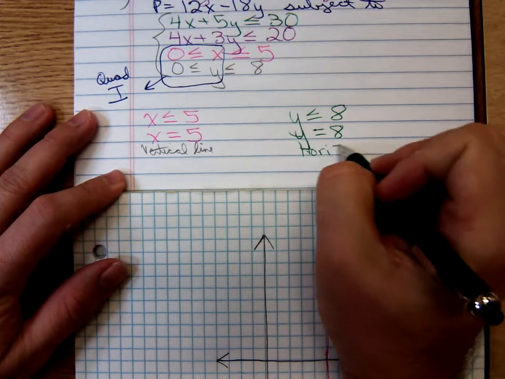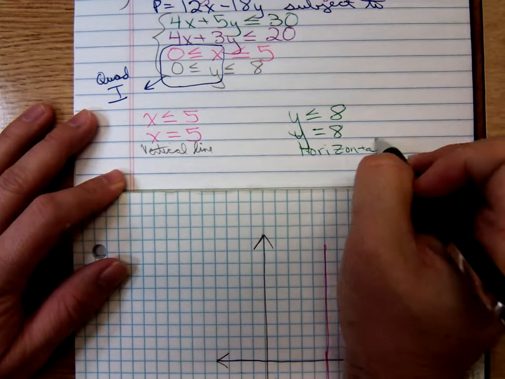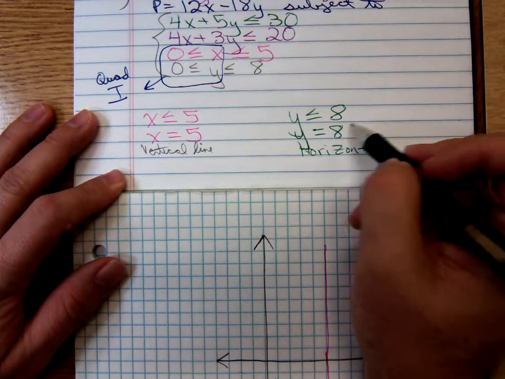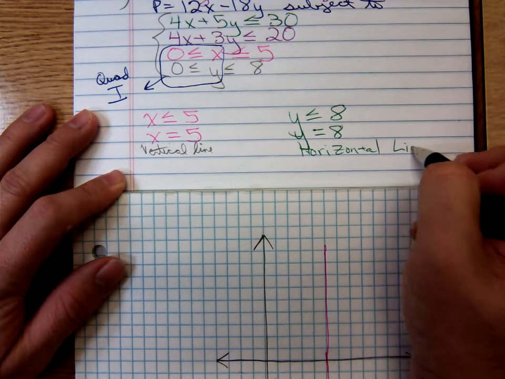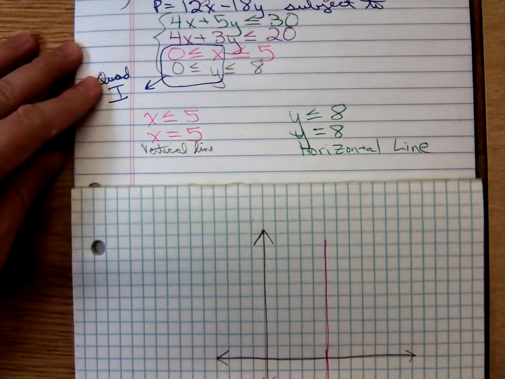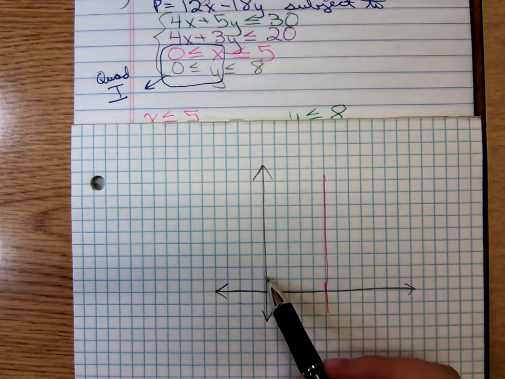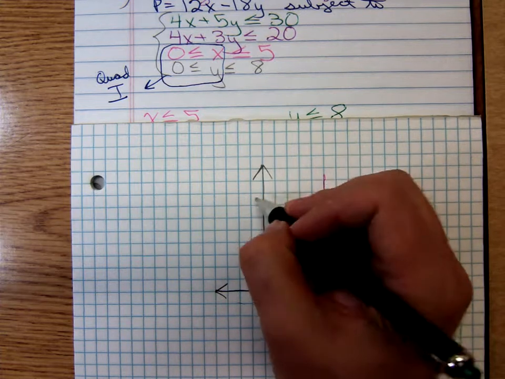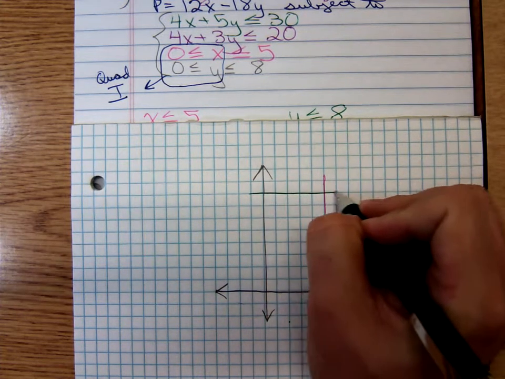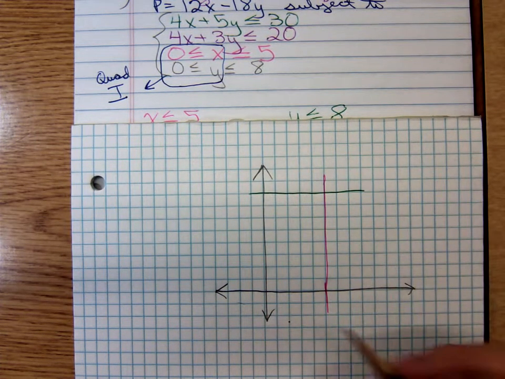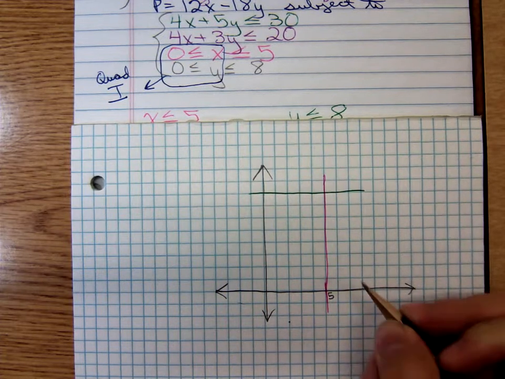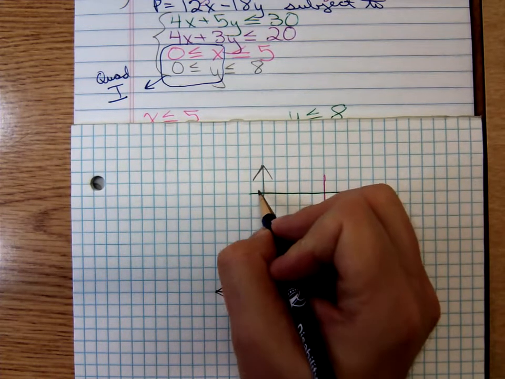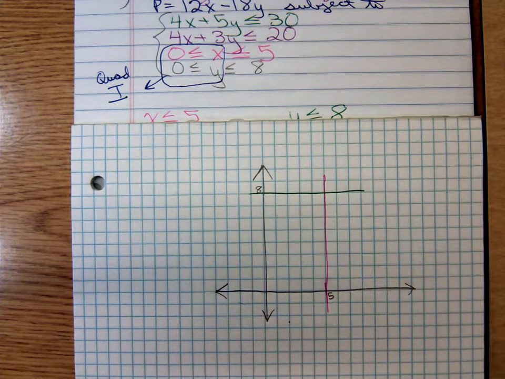So this is a horizontal line passing through the y-axis at the number 8. So here we are, 1, 2, 3, 4, 5, 6. There's the horizontal line. That might be helpful to make a note that that's the number 5 on the x-axis, that's the number 8 on the y-axis.